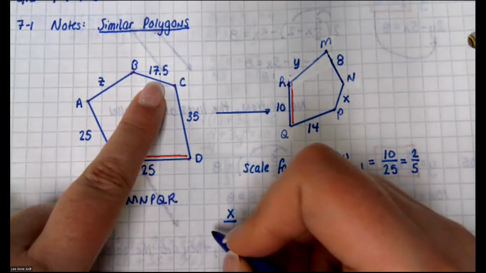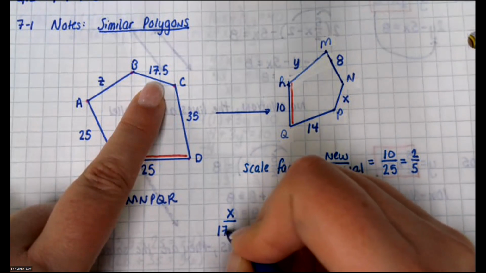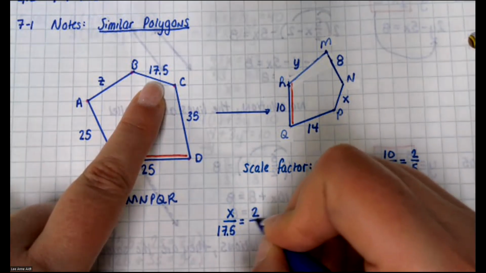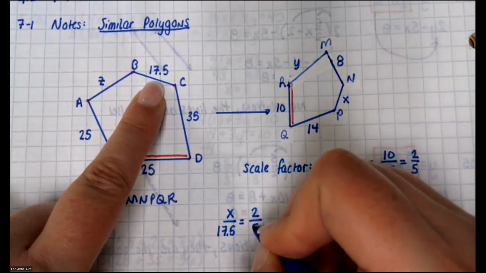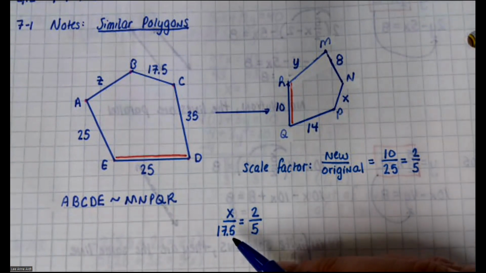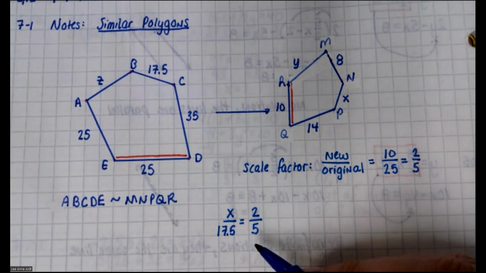Okay, so I'm going to say x over 17.5 equals, and then I'm going to use my scale factor, new over original. So I did new over original equals new over original.